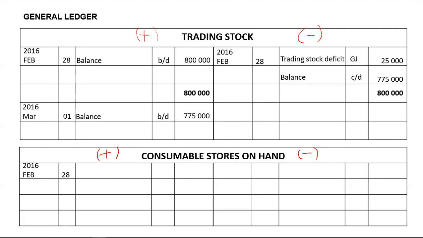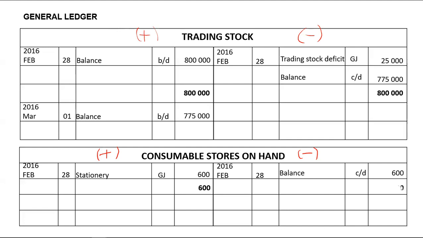And the consumable stores, we have stationery that was not used, which was 600. So we'll simply write the stationery there, which will be 600 rand. Obviously, this is an asset account. It should have balance carried down and balance brought down.